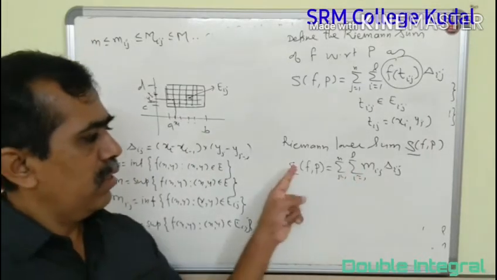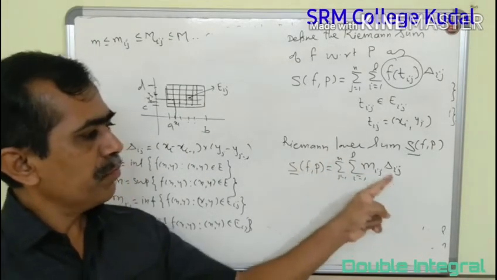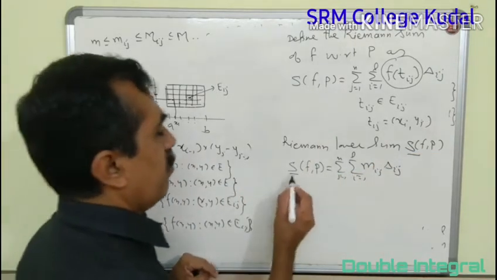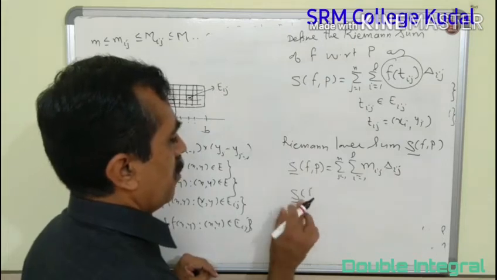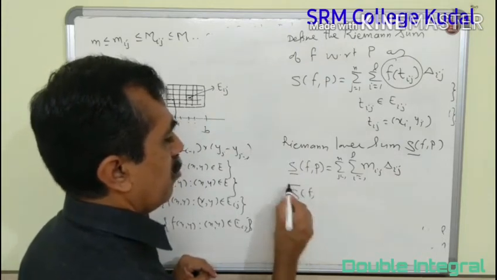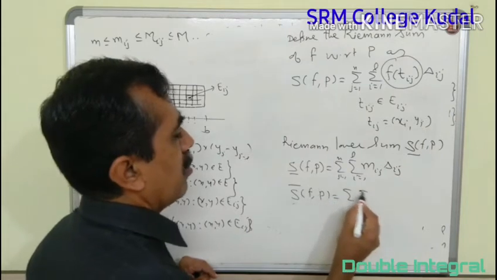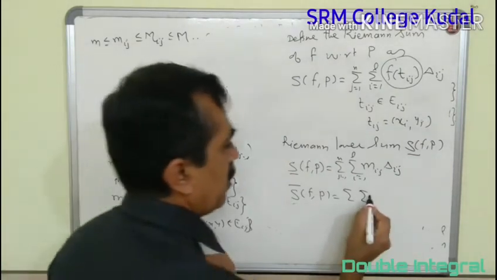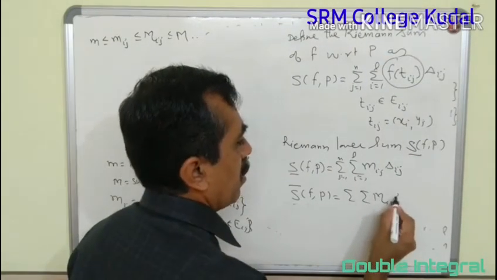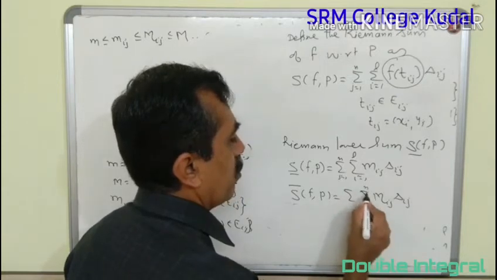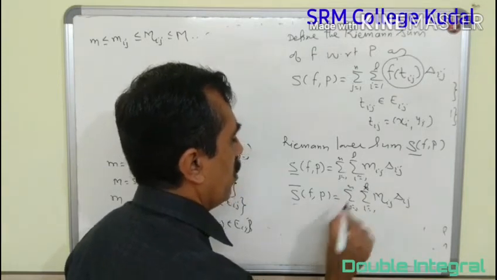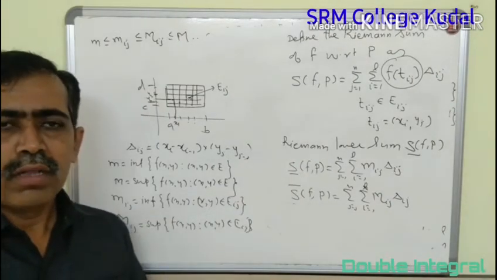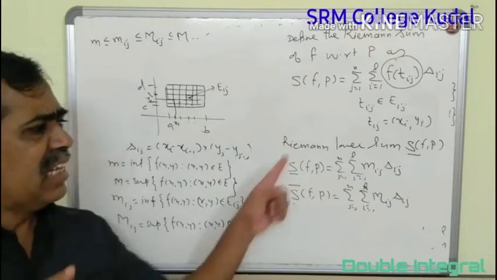So this is how we define the Riemann lower sum of a function f with respect to partition P. And similarly we define the upper sum of the function f, where instead of the infimum value we consider the supremum value of the function f on Eij, so it becomes capital Mij into delta ij, with i running from 1 to L and j from 1 to n. So this is how we define the Riemann lower sum and Riemann upper sum for the function f with respect to any arbitrary partition P.